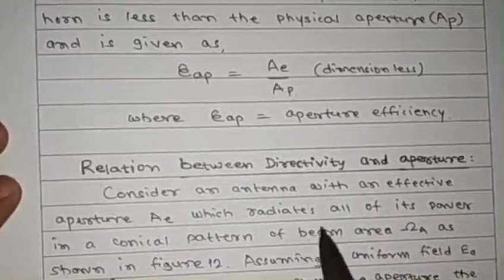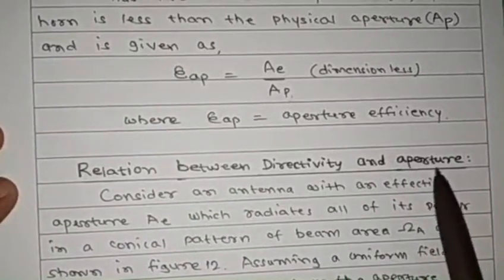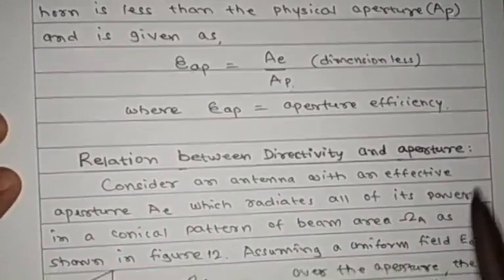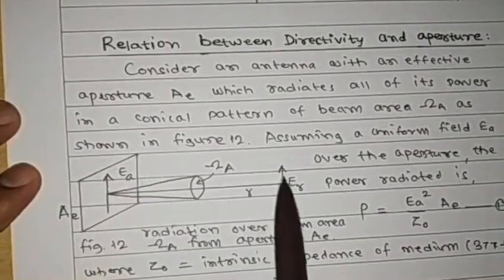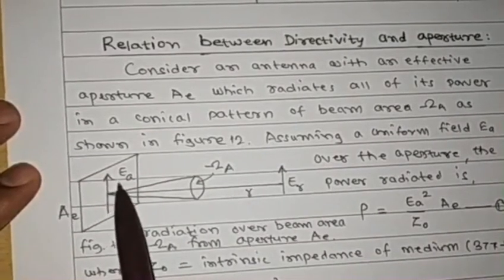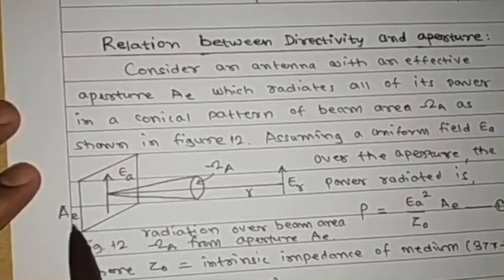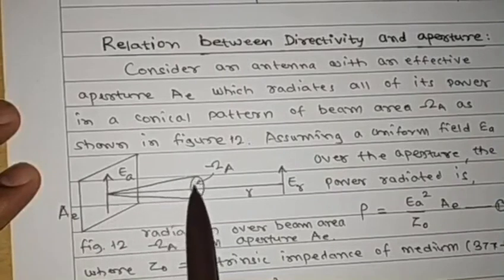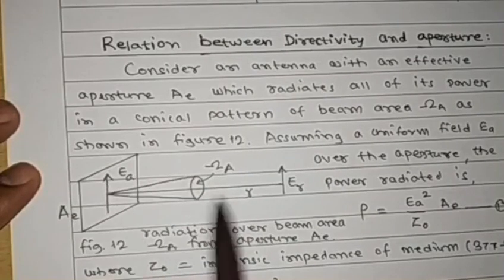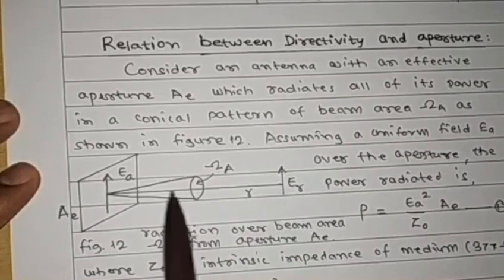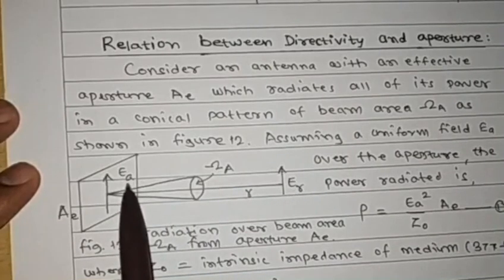Now in the last topic, the directivity that we have derived can be related with the aperture of an antenna. For that, we need to consider another diagram in which the same horn antenna shown in the previous diagram is receiving the energy, or we can say this in the transmitting case is transmitting the energy from effective aperture AE, and the radiation pattern is of shape cone whose beam area is omega A. At a distance r away from the antenna, the field is ER, and near the antenna the field is represented as EA.